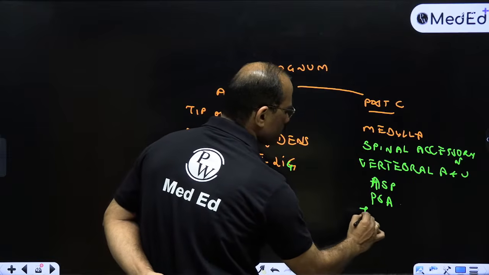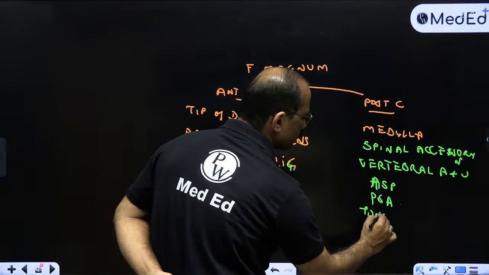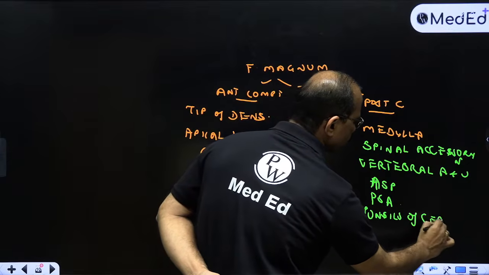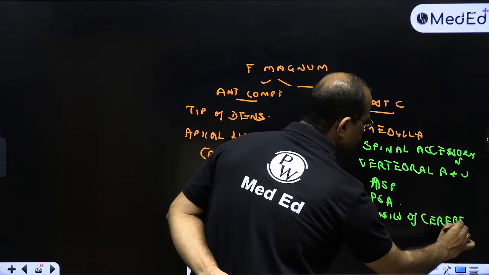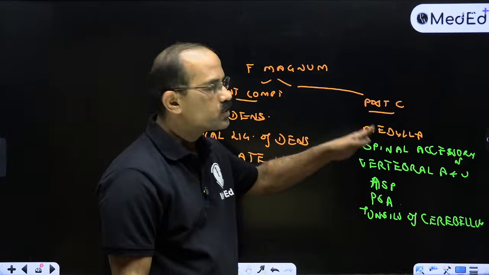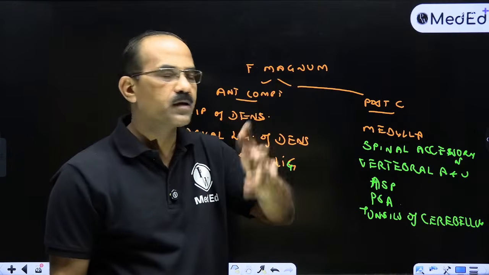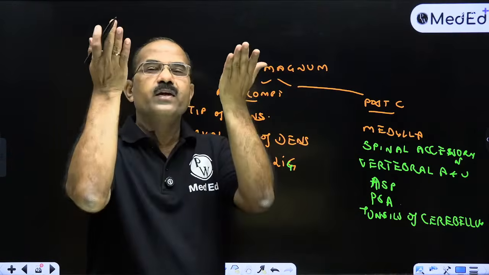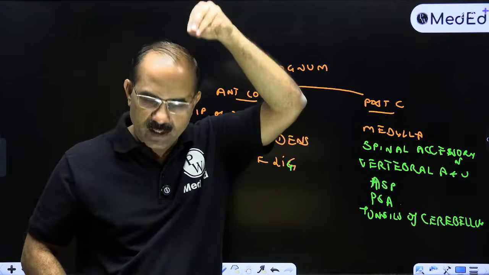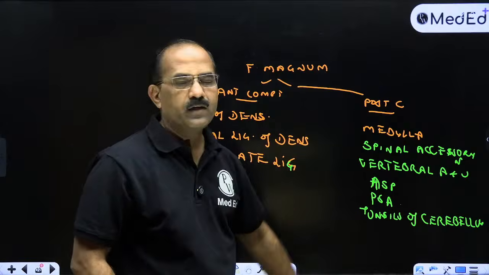And tonsils of the cerebellum. So the medulla passes out, then the spinal accessory nerve goes in the skull, the vertebral artery and vein enter the skull. Its branches, the anterior and posterior spinal arteries, go outside the skull, and the tonsils of the cerebellum.